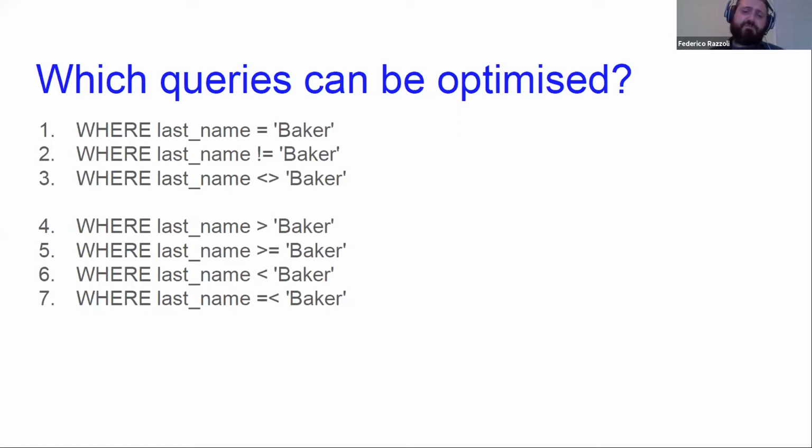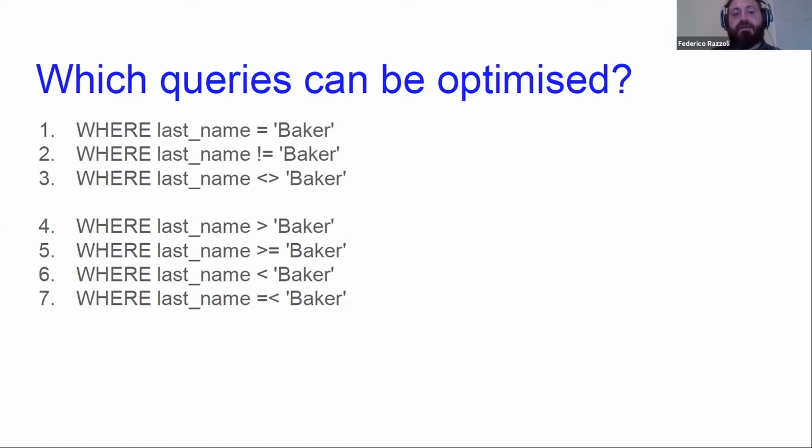What about the next operators? Well, the answer hopefully is intuitive, because we said that indexes are ordered data structures. So all these operators from option 4 to 7 are all based on order.